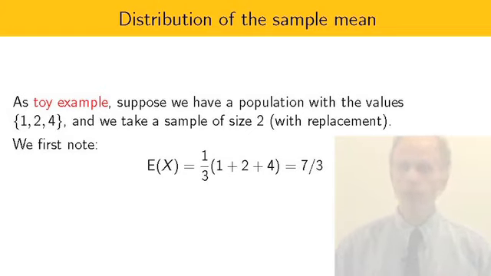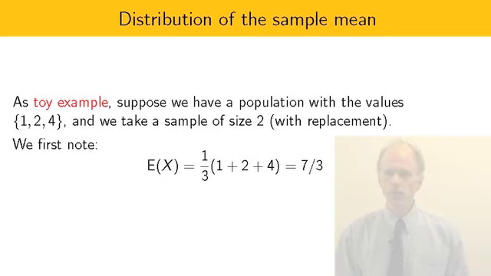And so we could just note the expected value, which is simply a third, it's the probability of a 1, times 1, plus a third times probability of 2, plus a third, times the value 4. So the expected value we'd get as 7 over 3.